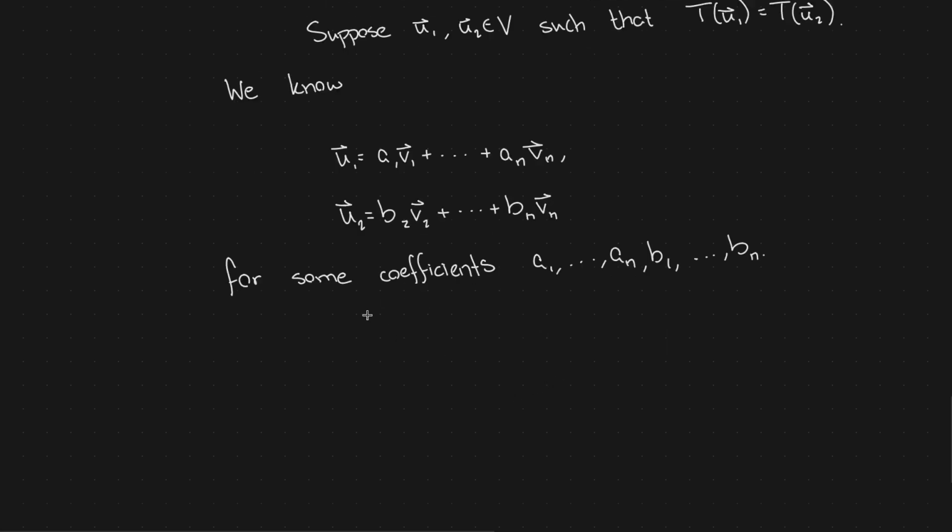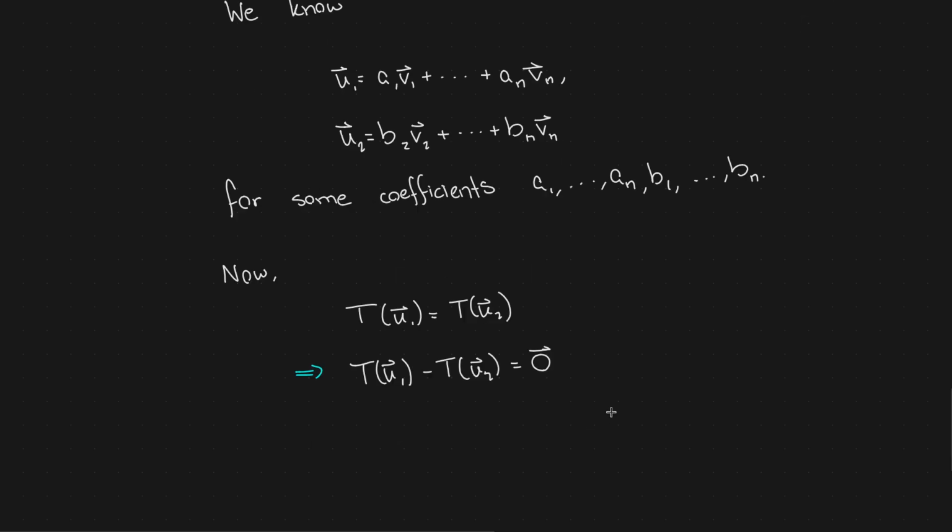Okay, so we know that T of u1 and T of u2 are equal. We assume that, right? What I'm going to do is subtract T of u2 to the other side so that we have the 0 vector on the right-hand side.